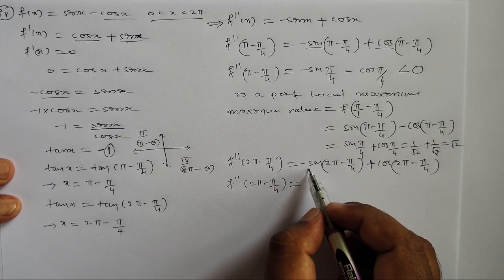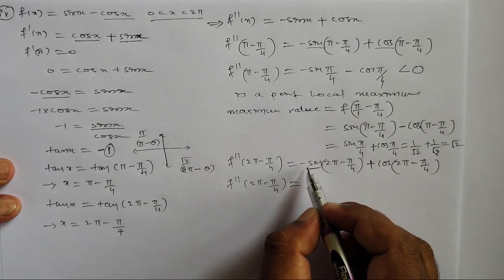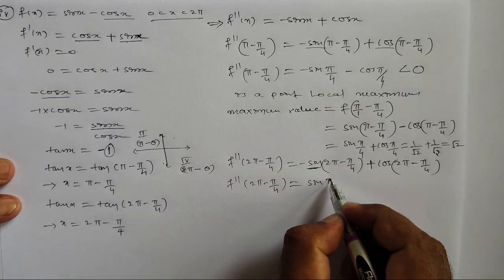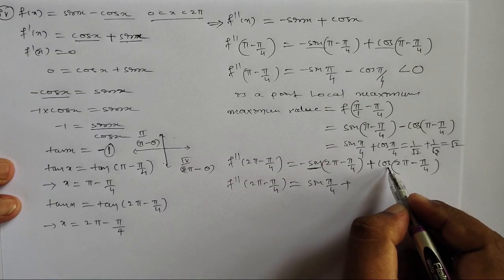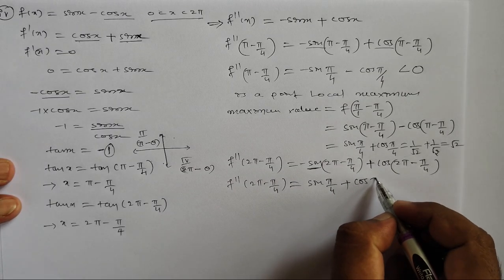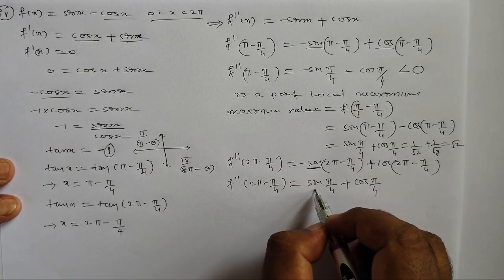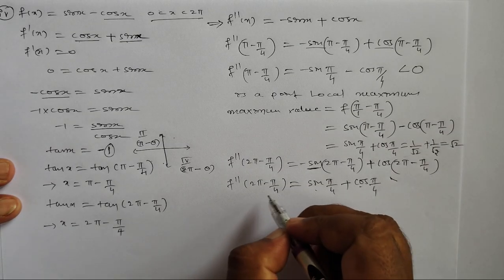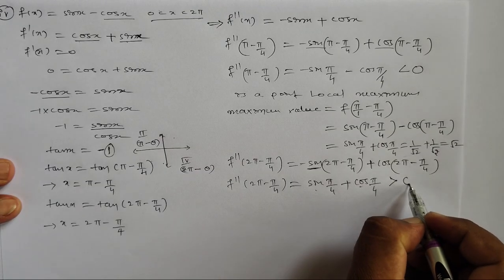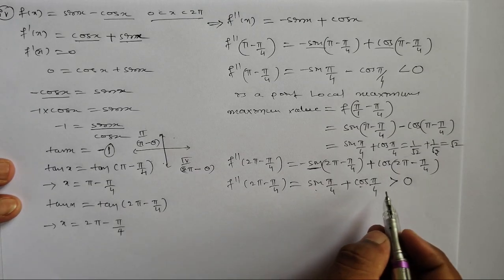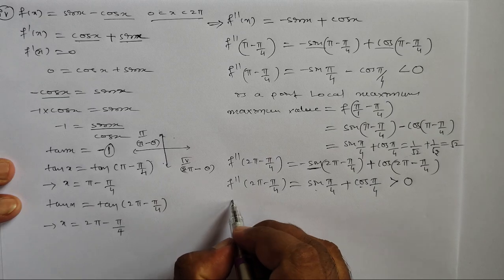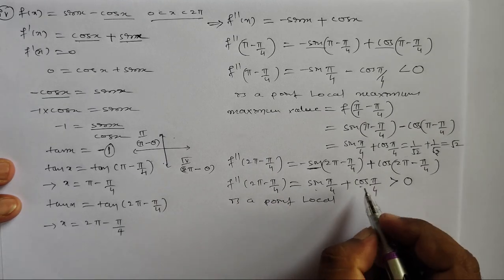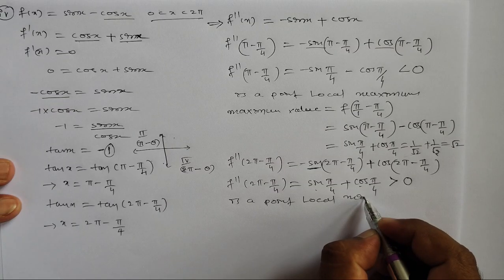Fourth quadrant, where sin becomes negative, and minus minus gives plus. So this value becomes sin pi by 4, and in the fourth quadrant cos is positive, so cos pi by 4. This value is positive, greater than 0. Greater than 0 means f double dash is greater than 0, a point of local minimum.